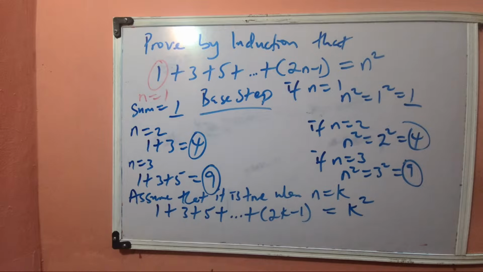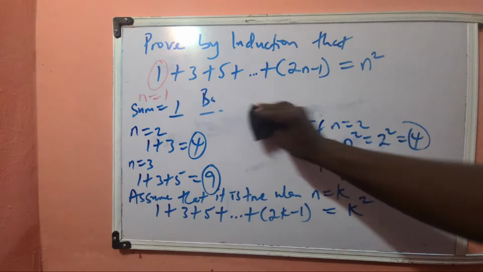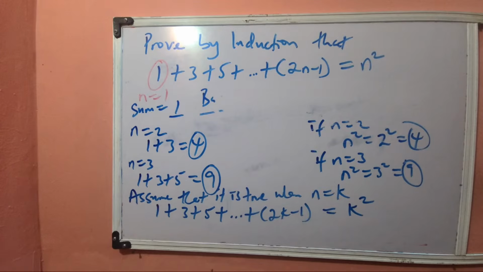This is what we call the inductive hypothesis. Now, the last step, which is the proving step, is the part where we now want to confirm. They said we should prove by mathematical induction. That last step is the main step, and we must always do it. If you are even the worst person in mathematics, the base step and inductive hypothesis should be able to be done by anybody.